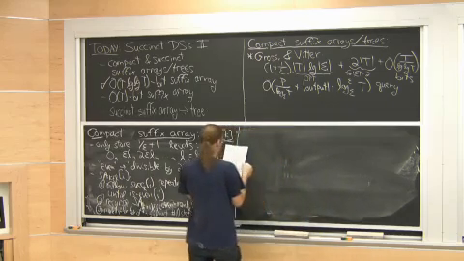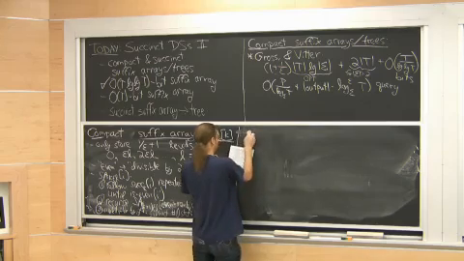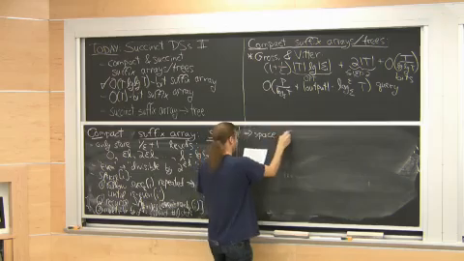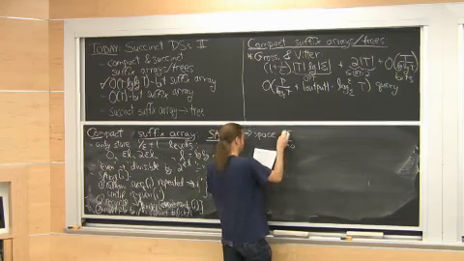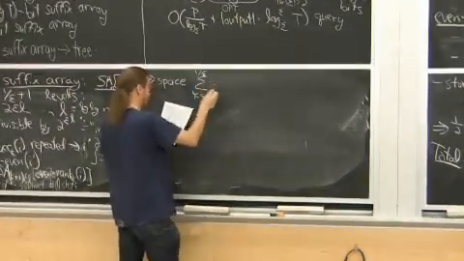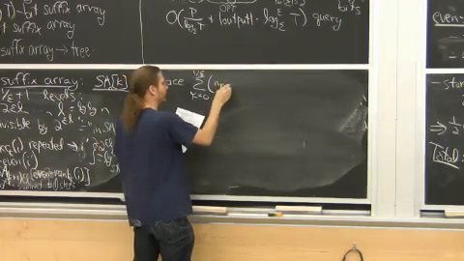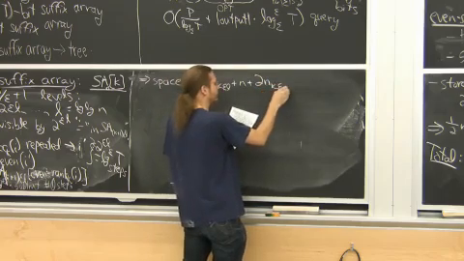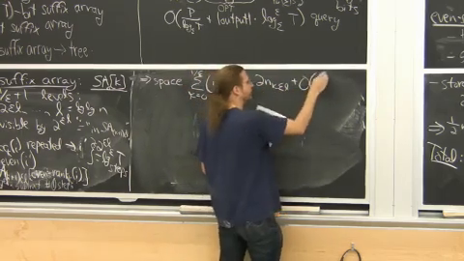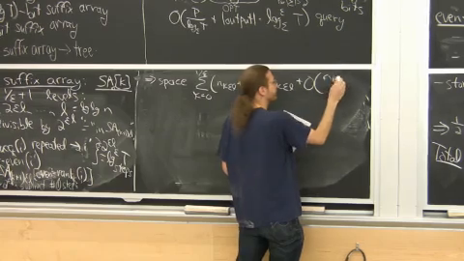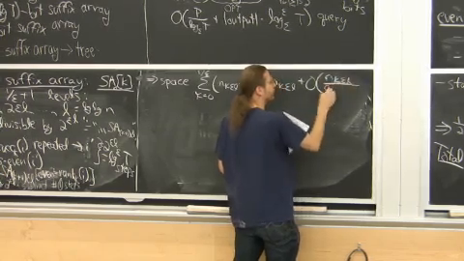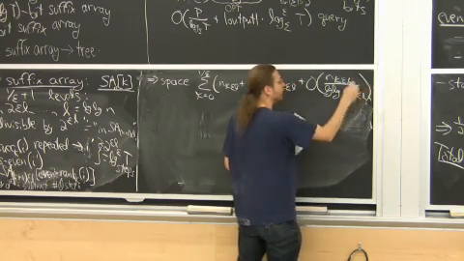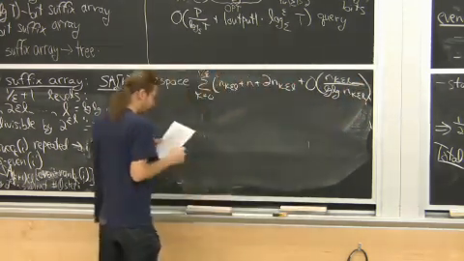Okay, so the claim is space can be sum k equals 0 to 1 over epsilon of nk epsilon L plus n plus 2 nk epsilon L plus the select bound n over log n. Why?